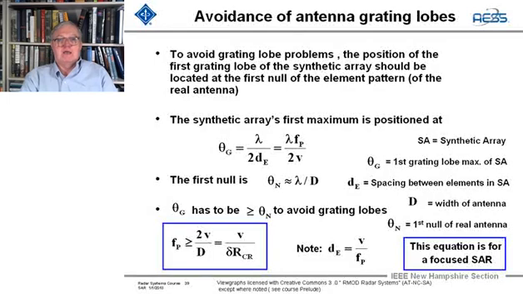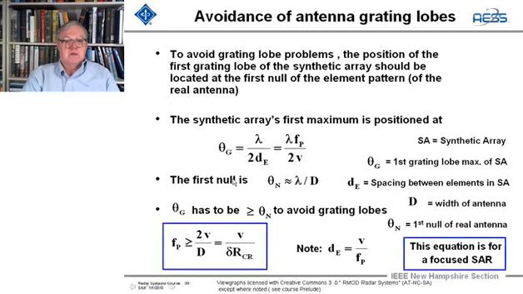And now we're going to derive this. To avoid antenna grating lobes for the synthetic aperture, the position of the first grating lobe should be located at the first null of the element pattern of the real antenna. The synthetic aperture's first maximum position, the angle, is lambda over twice the spacing between the elements in the synthetic aperture, with a factor of 2, and this is just the PRF divided by the velocity of the aircraft.